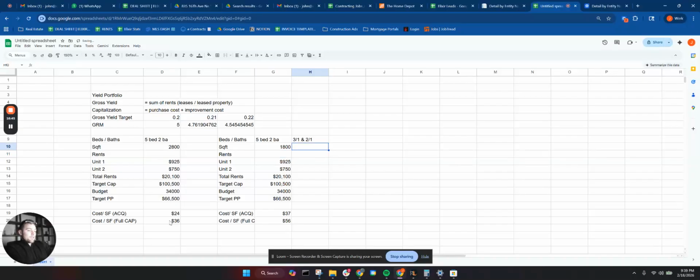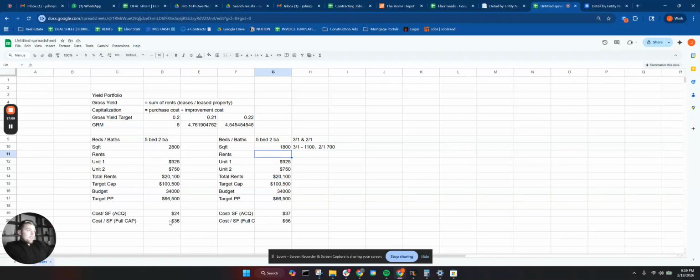All right, and so I'll just say that the 3-1 is 1,100 square feet, and the 2-1 is 700 square feet. These numbers are totally in line with what is available in the market and what people come to expect when they see a 3 or 2-bedroom apartment in this local market.